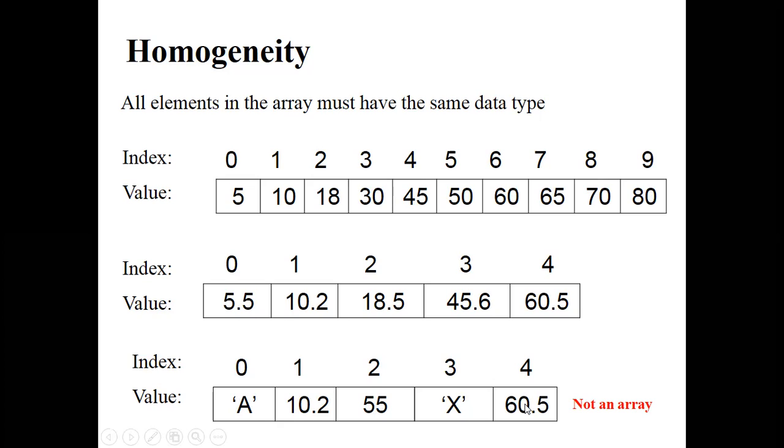So this is not homogeneous data. Like, if you add the ages of the students, it's homogeneous. If you add the age and then the name and the father's name and then the percentage, there will be no homogeneity.